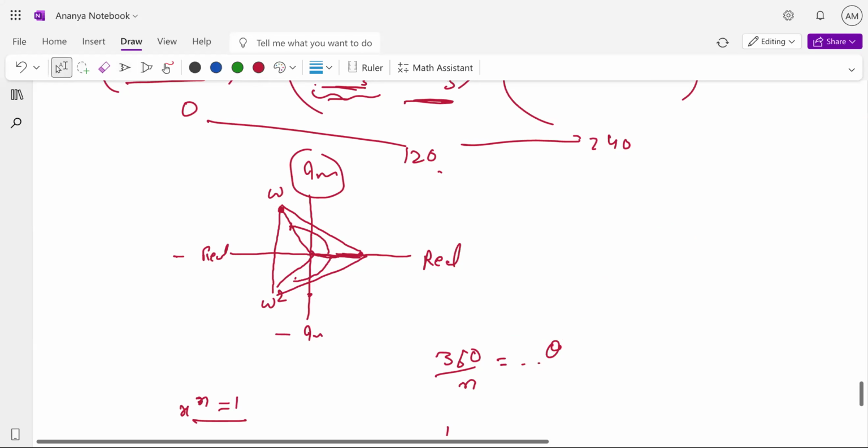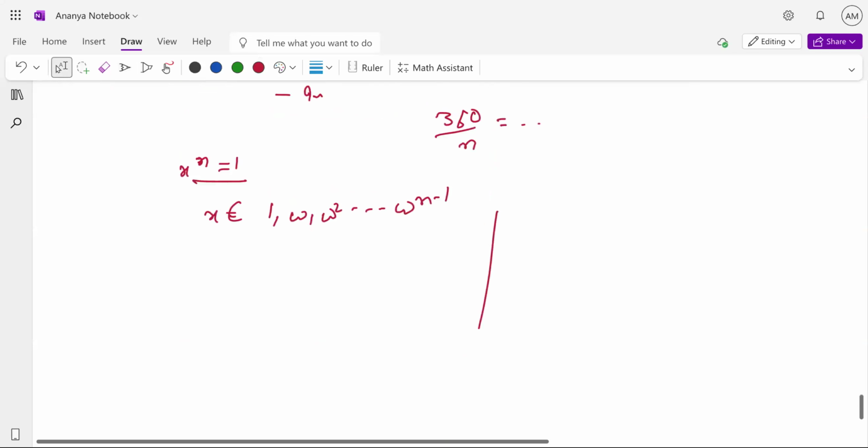So let's remove. Now can you see one more thing, just a second.